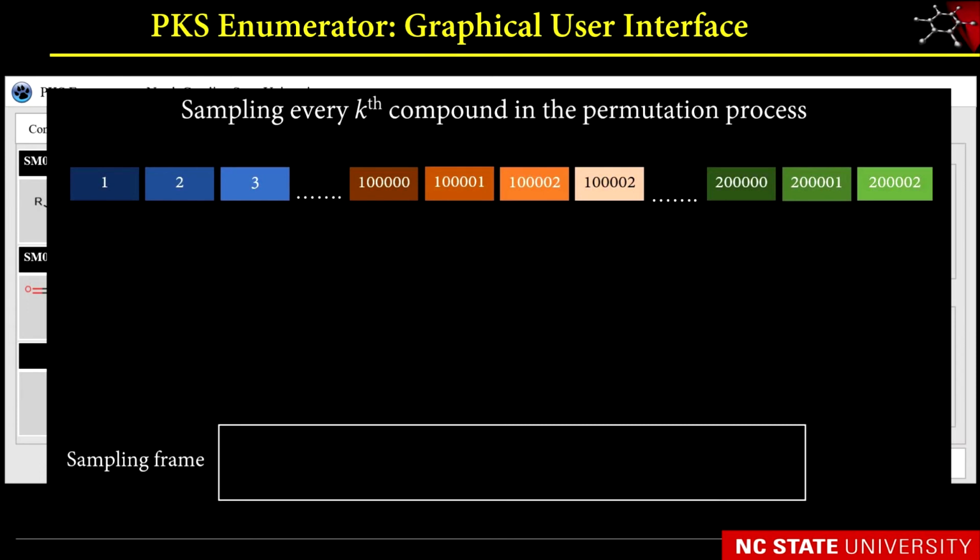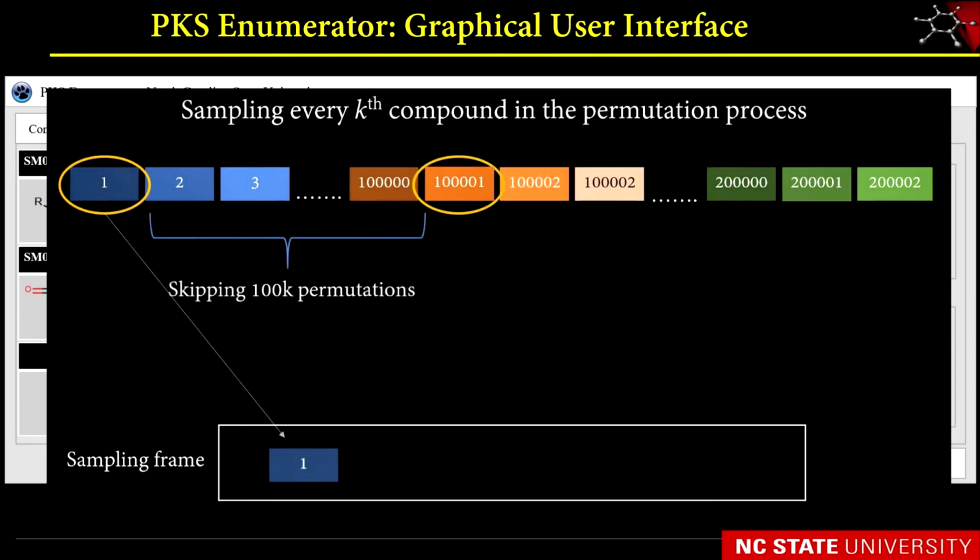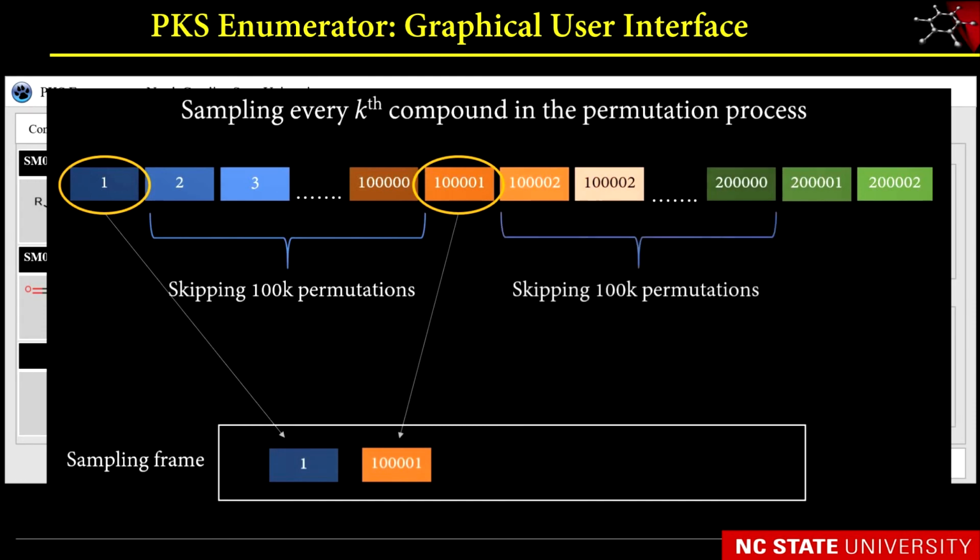It samples the very first one, and then it skips a number of permutations. You are manipulating the number of permutations that you want to skip, and then it looks at the next compound, and then it skips again. So it's jumping over a subset of the population. Essentially, you're controlling how many permutations you want to skip after every sampled macrocyclic scaffold.